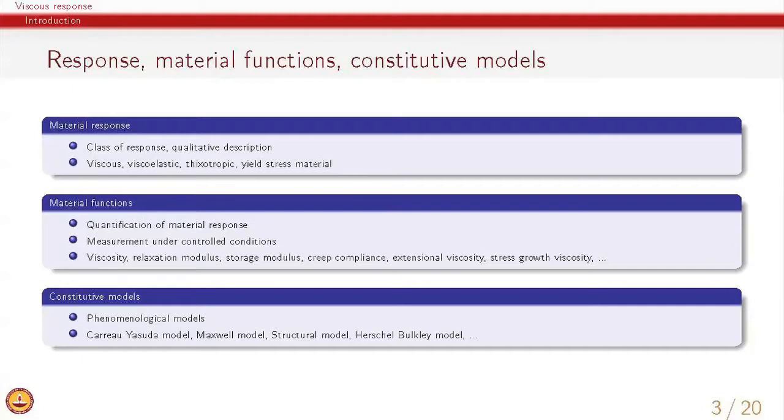And to this end we will look at some simple models, so that we can go back and forth between the response, the material function and the model. Today, for example, we will look at the Carreau-Yasuda model. Sometime in future we will look at different models which all correspond to different classes of material response.